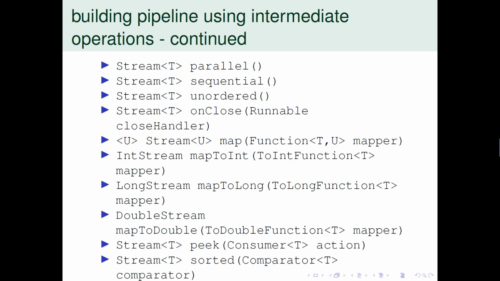There could be some intermediate operations which cannot be parallel, they cannot be broken. For example, if you want things to go in a sorted order, then it cannot be parallel. It will have to become sequential from that point. So parallel, sequential, that's the kind of thing. You can also say this is unordered. This is more of a suggestive thing, that this is unordered and you need to process it accordingly.